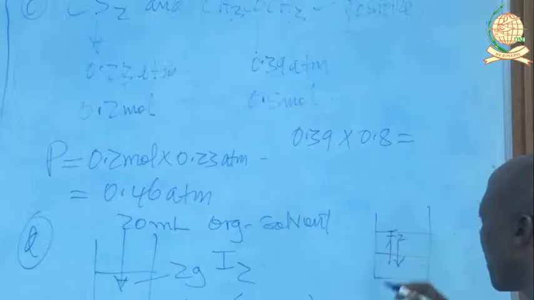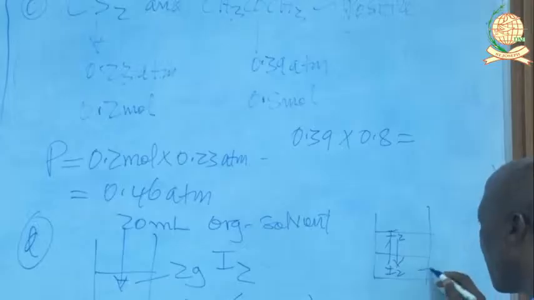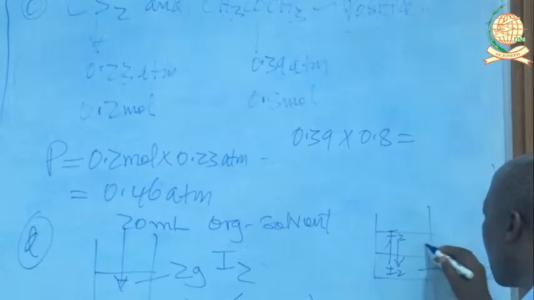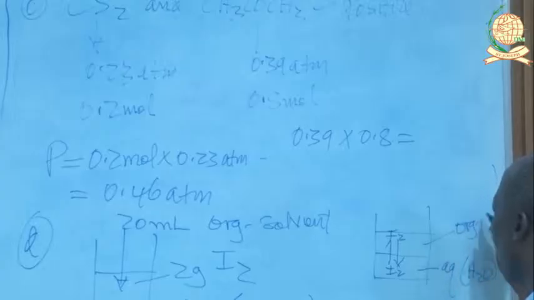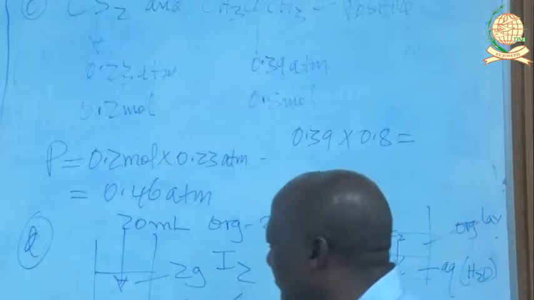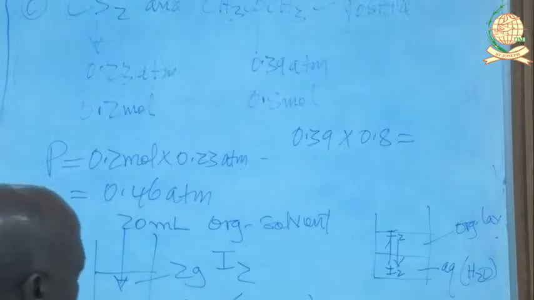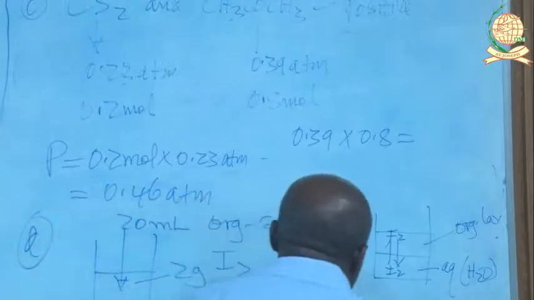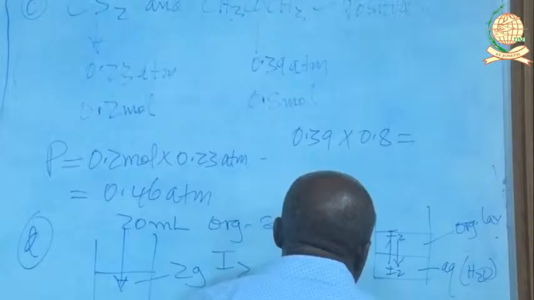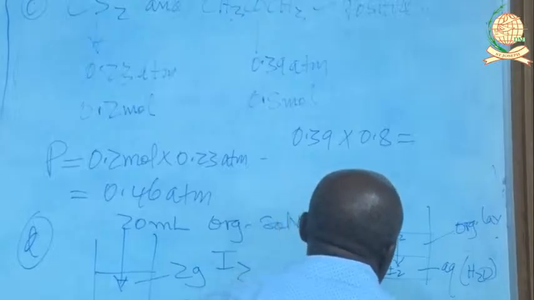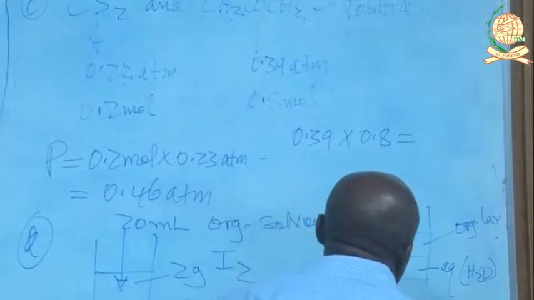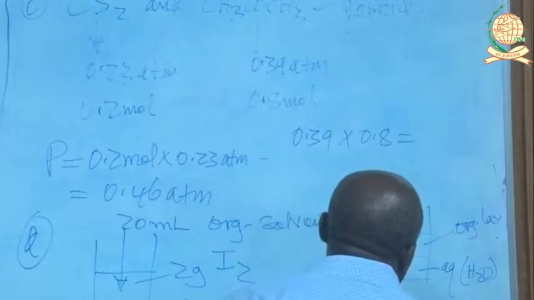Some of the iodine will dissolve in the organic layer, and another part will dissolve in water. This is the aqueous layer or water layer, and this is the organic layer. Now the question is, how much iodine will be transferred to the organic layer if the KD between the organic layer and the water or aqueous layer is equal to 85.